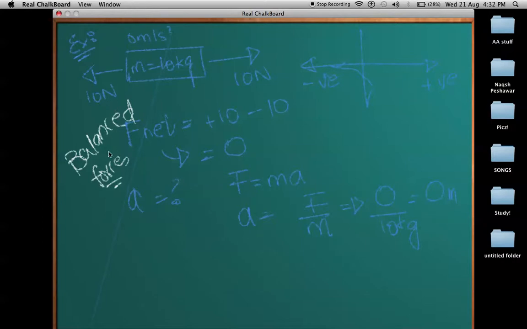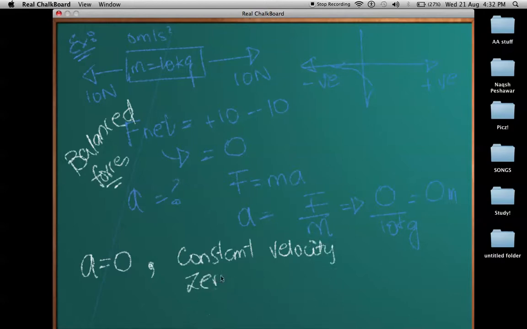And in the cases of a balanced force, since the net force is 0, there is always no acceleration. This means that we know from our kinematics that when the acceleration is 0, either the box is moving at a constant velocity, or it is at 0 velocity or at rest.